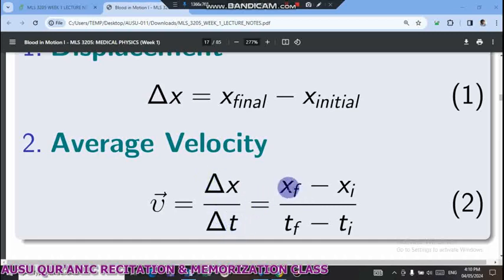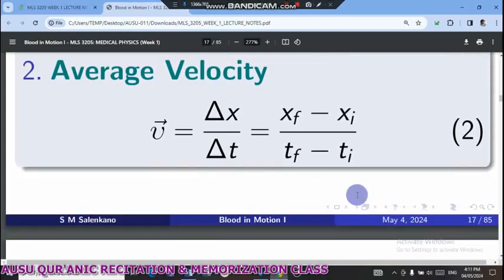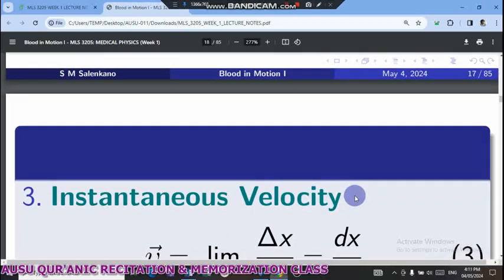In other words, if you know the final position and the initial position of an object, and also the clock time when x final is obtained and the clock time when x initial is obtained, you subtract t sub f minus t sub i, and divide x sub f minus x sub i by t sub f minus t sub i. This will give you average velocity of an object.